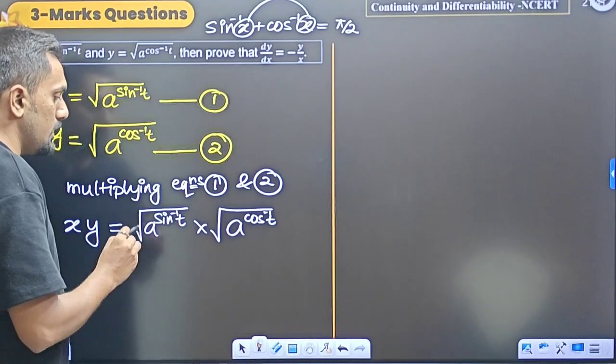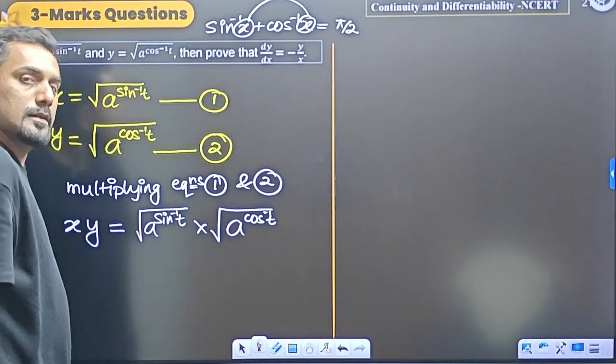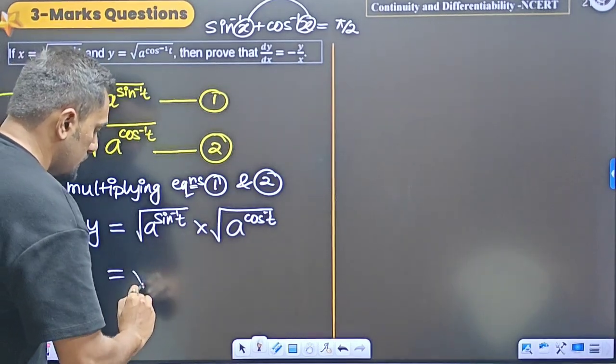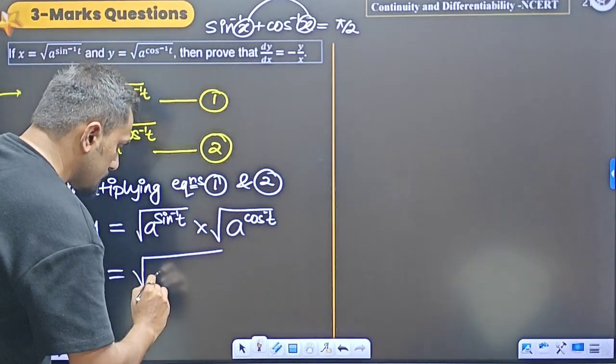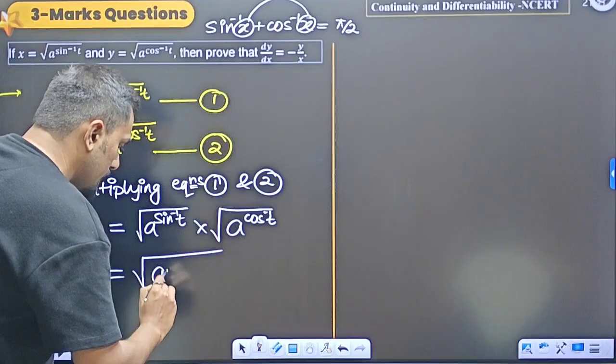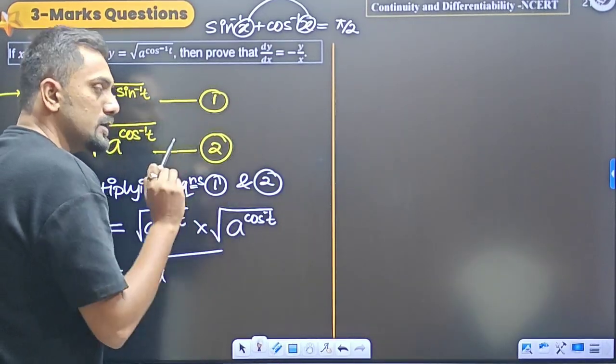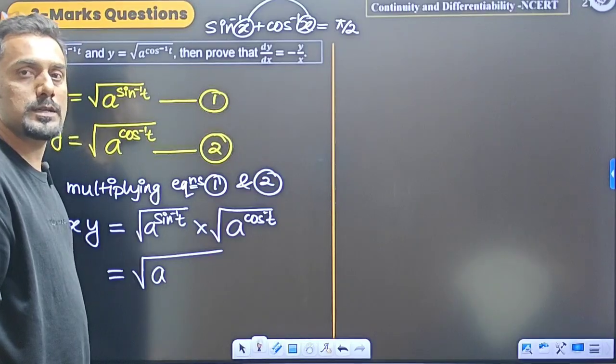Here there is a root, so let us take the root common. Under the root, a raised to m into a raised to n is equal to a raised to m plus n.